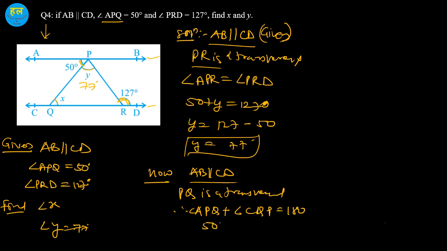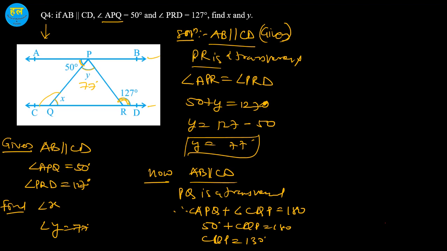So APQ is 50 plus angle CQP is equal to 180. CQP is equal to 180 minus 50, which is 130 degree. So this angle becomes 130 degree.